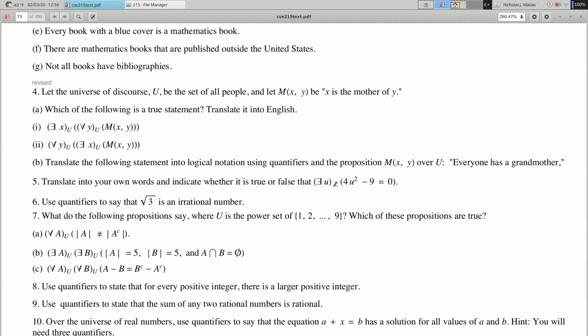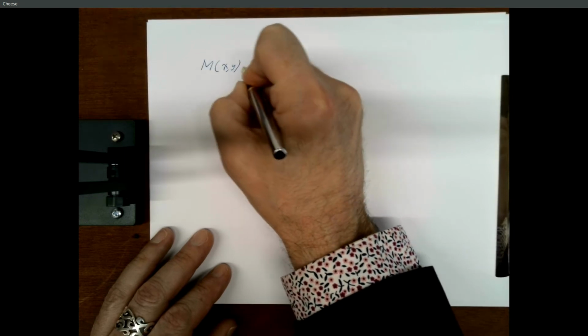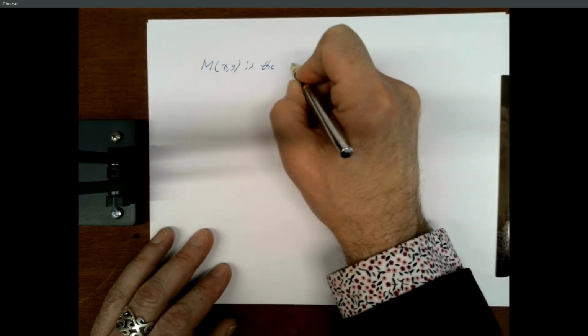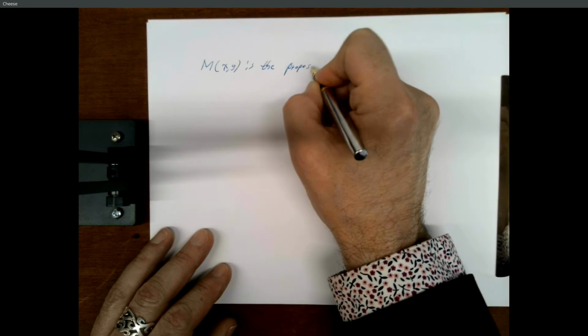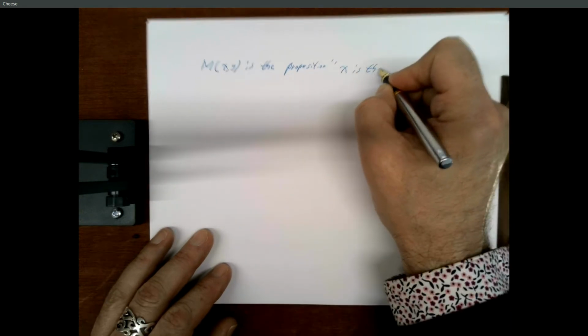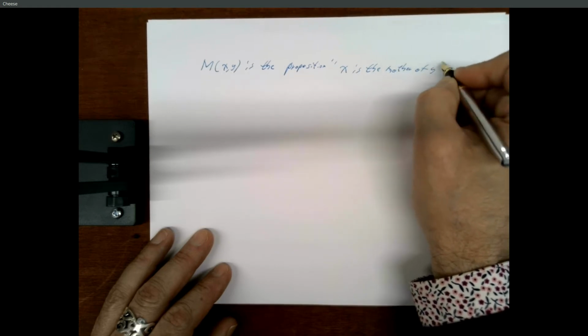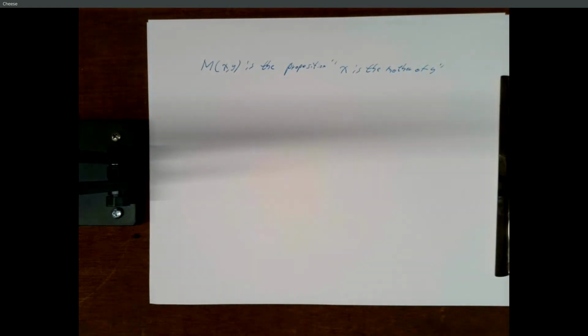So M(x,y) is the proposition that x is the mother of y.